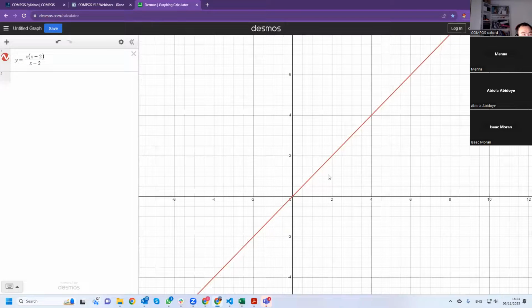Okay, so you can see that it's pretty much the same as the y equals x graph, except if you scroll to this one, it says undefined.